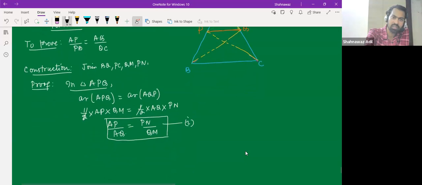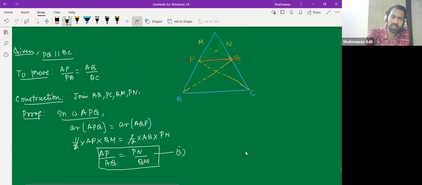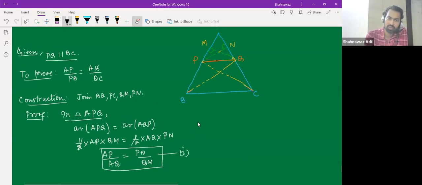So now let us take the other. Let me write it here. So now in triangle PQB, because I need a PB. So I will take this triangle, and in this triangle you see that I have this PB.